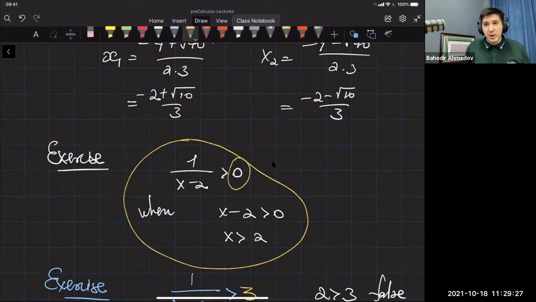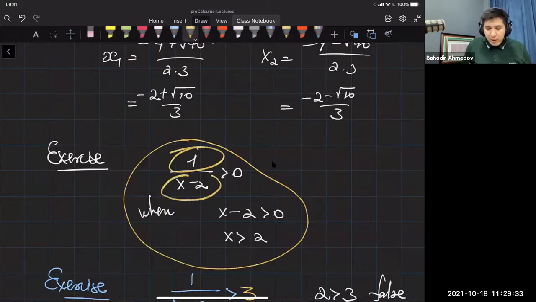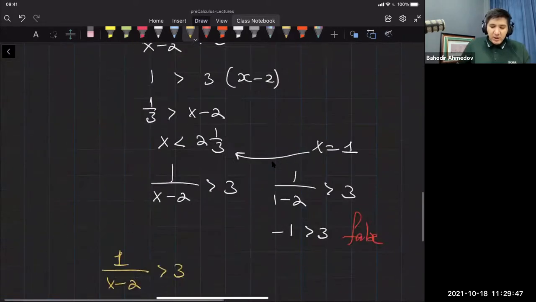So the numerator is always positive, and we found the interval when the denominator is positive. Positive over positive becomes positive. This is what we would do systematically, so this is what we have to do here as well.